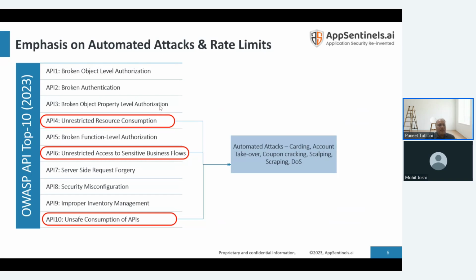They may do scalping kind of attacks. Scraping is one of the common and most prevalent problems that the majority of applications face. Primarily, the competitors would be extracting certain data for their own purpose from the applications, and that results in a lot of automated pressure on the application. And then last but not the least are denial of service sort of attacks that organizations are facing.